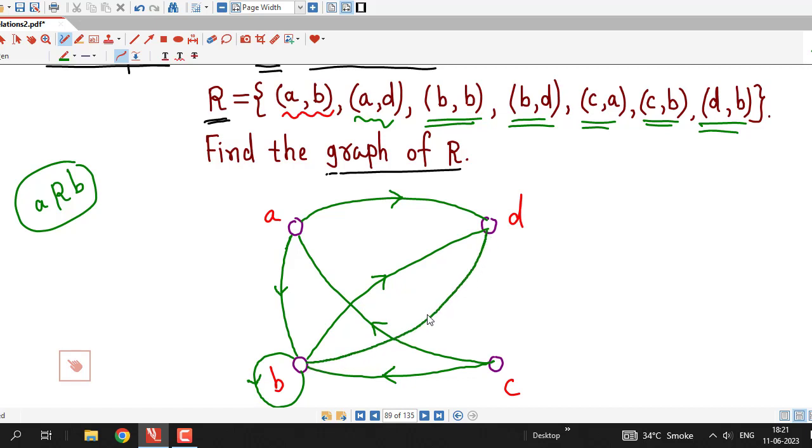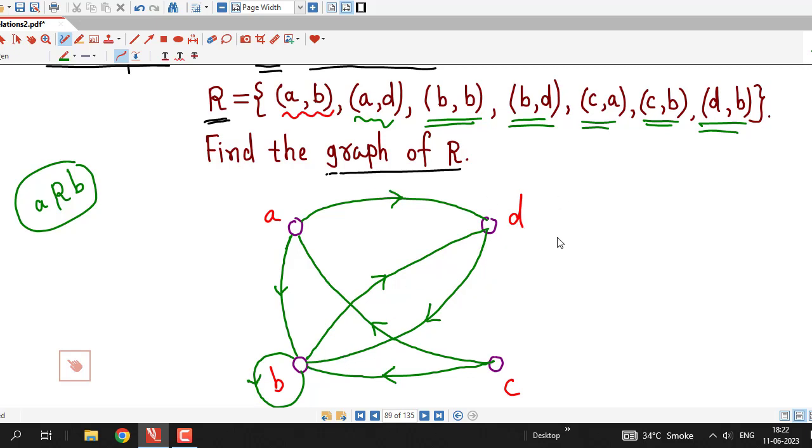There is a reverse edge from D to B. We have one ordered pair from B to D, that is B is related to D and D is also related to B, so there is a reverse edge here.